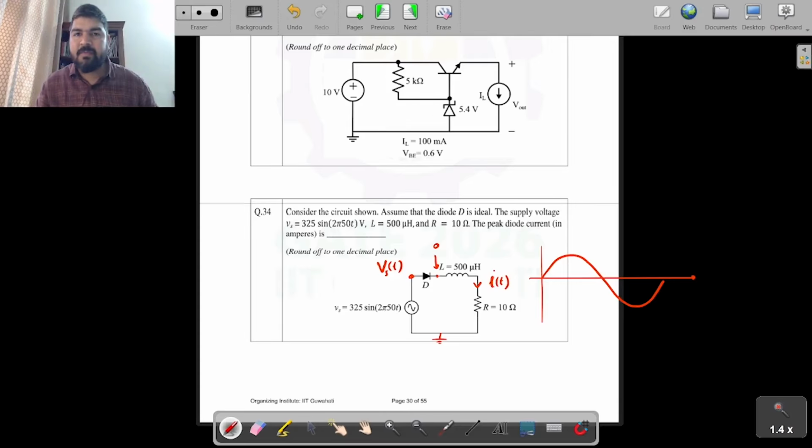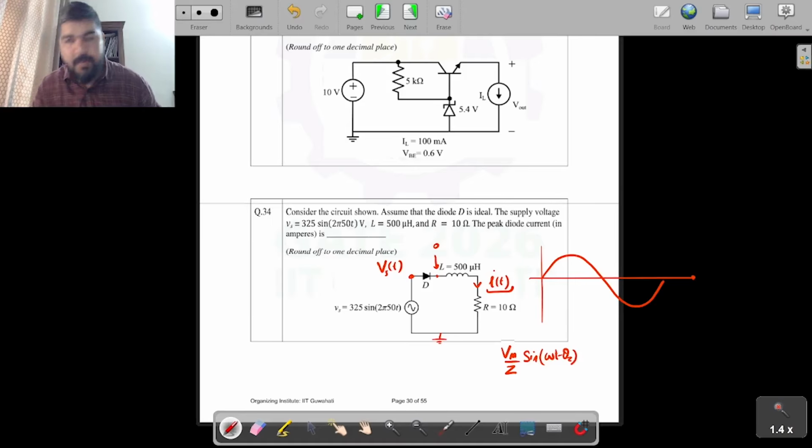But there is a problem, and the problem is the current has to start from 0 because the inductor has no previous current. Current has to start from 0. It means we need to write the equation for the current with the help of AC transient. So the equation for the current will be Vm by Z sine of omega t minus theta z.